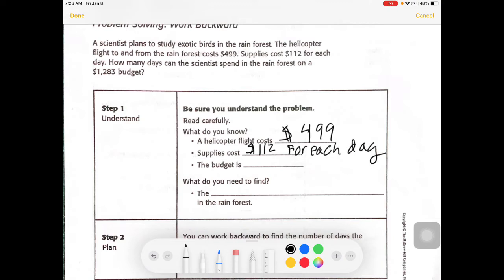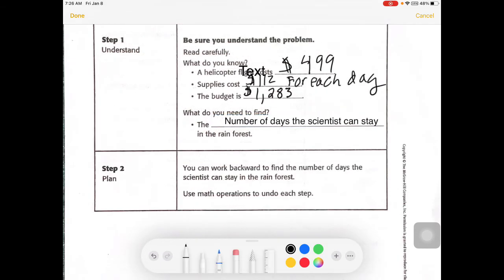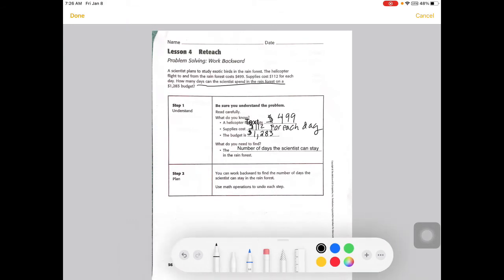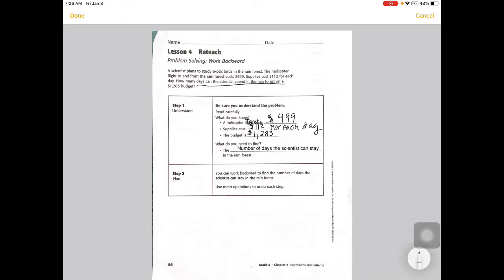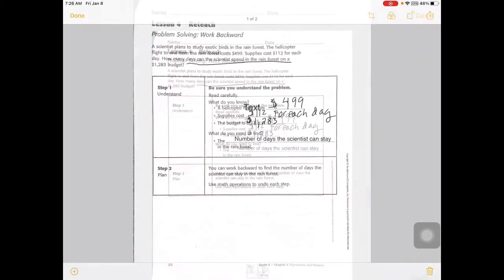The budget is $1,283. What do you need to find? And what you need to find is how many days the scientist can spend in the rainforest. Okay, that is what your first page looks like. Pretty easy, right?